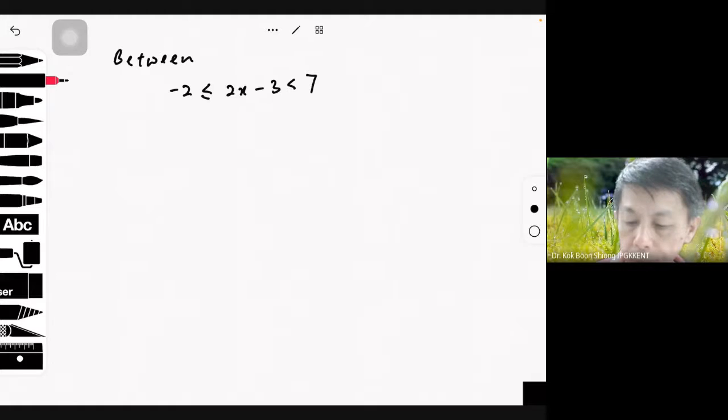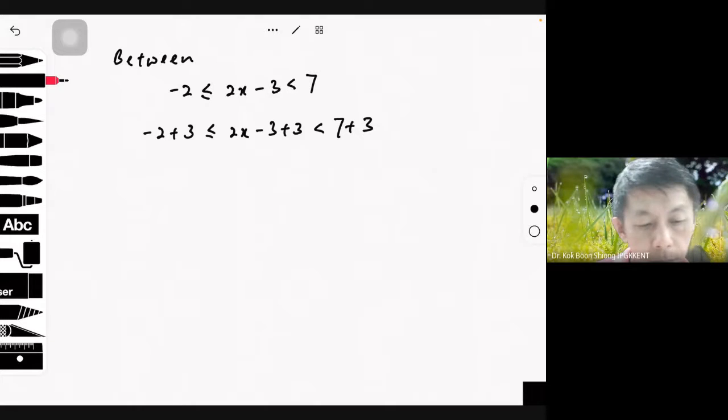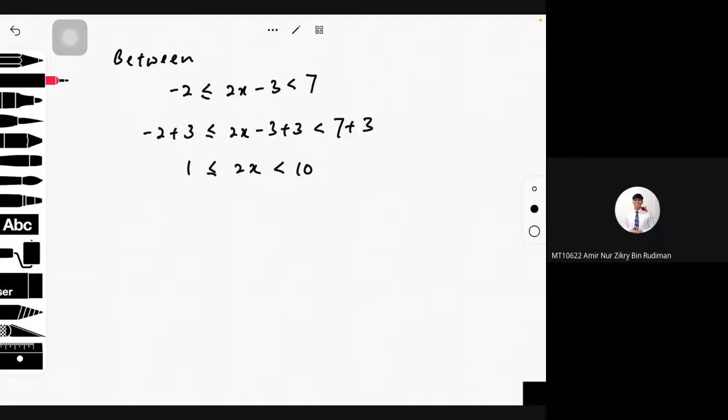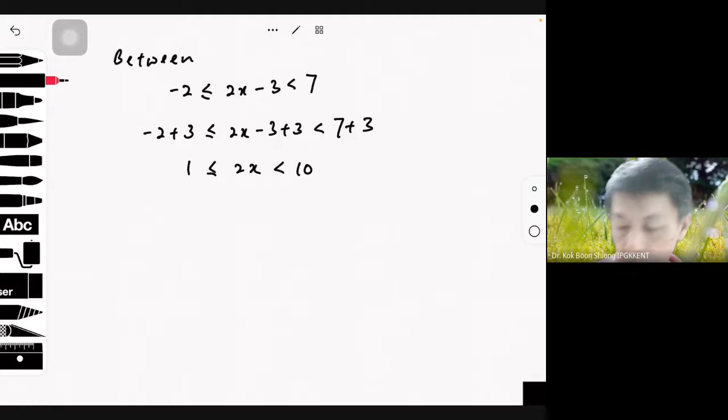So what is the first step? Negative 2 plus 3, right? So this side also plus 3. So this becomes 1 and 2x and smaller than 10. What is the next step? Divide by 2. So this becomes half, x, and 5.